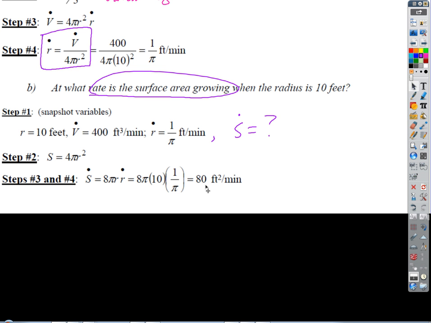Okay, what would my units be? This is S dot, so that's going to be dS/dt. I need units of surface area over units of time. What would we measure area in terms of? It's got to be feet squared because our lengths are in feet, right? So square feet per minute because time is measured in minutes.